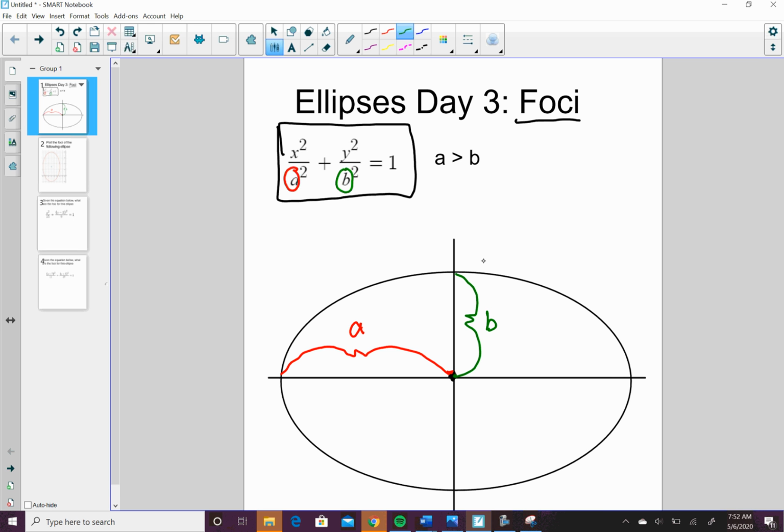Now, the most fascinating thing about an ellipse we haven't even talked about yet, and that is that there are 2 points that lie along the major axis and are symmetrical with the center. That means they're the same distance away from the center. These 2 points I'm just going to call F1 and F2.